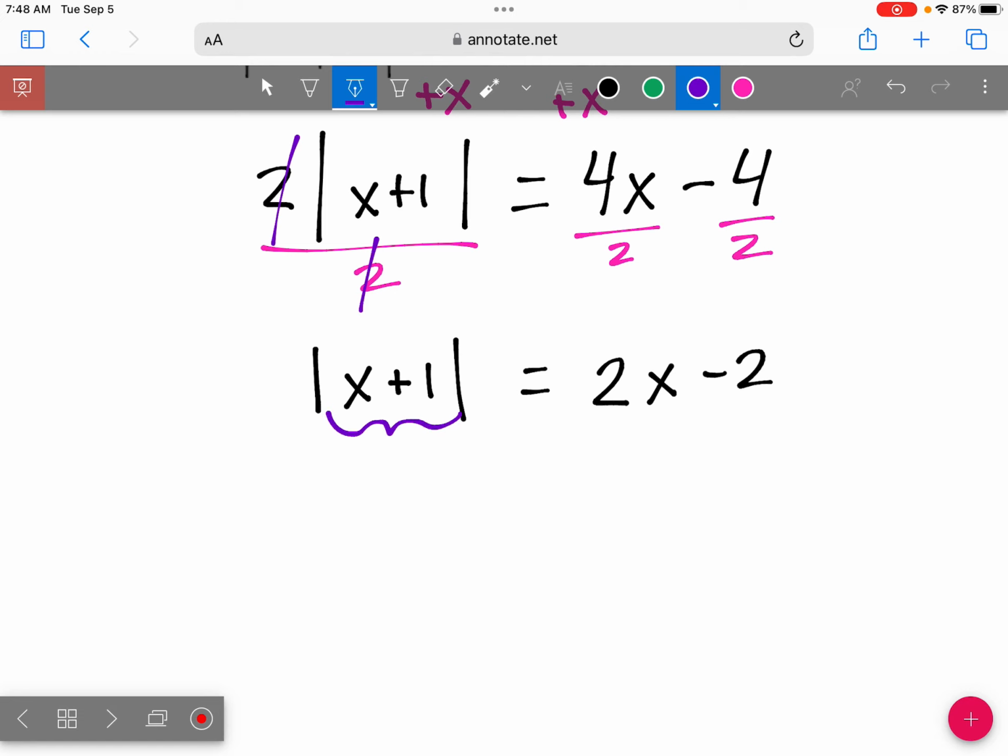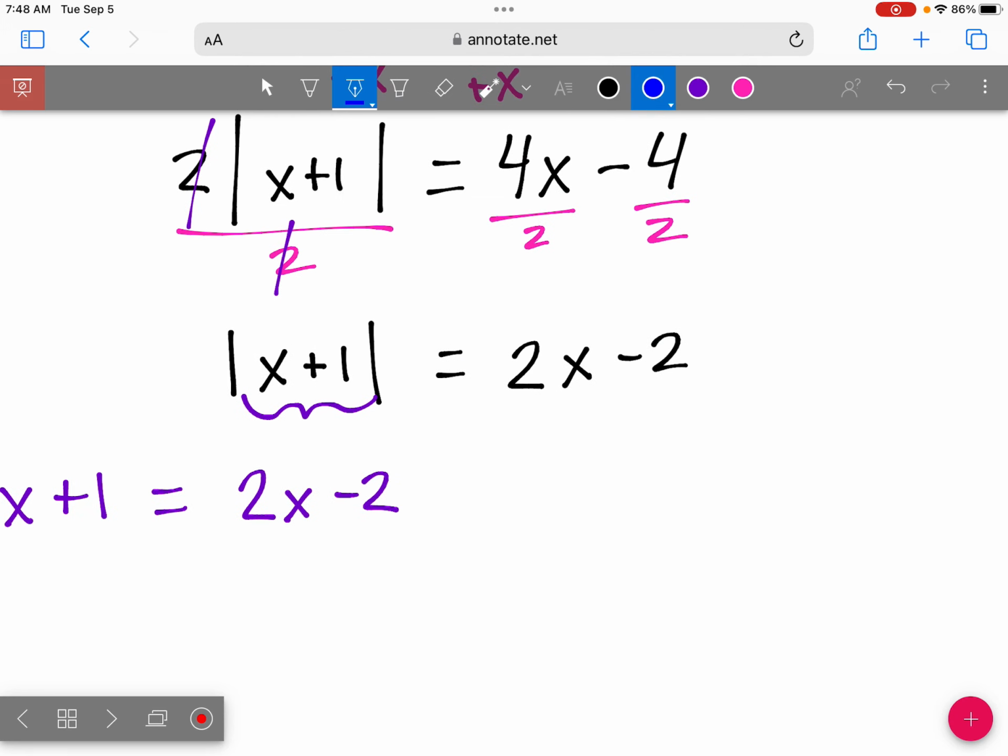It could be that my absolute value isn't doing any work at all and my x plus 1 does actually equal 2x minus 2. Or it could be that my absolute value is working its little tail off and my x plus 1 actually equals the opposite of 2x minus 2. It either equals this or the opposite of this.